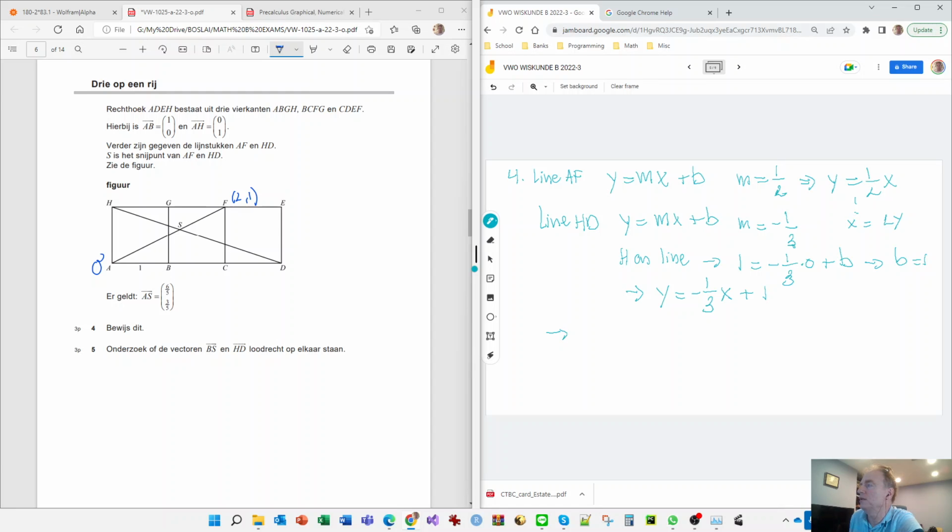I get y equals minus 1/3 times x, with x equal 2y, so I get minus 2/3 y plus 1.